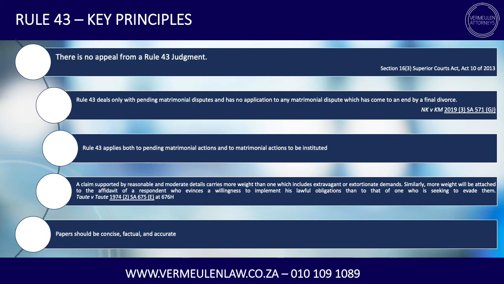Then there's a very important principle. It's an old principle, but I did feel it worth mentioning today. In tort versus tort, a claim supported by reasonable and moderate details carries more weight than one with extravagant or extortionate demands. Similarly, more weight will be attached to the affidavit of a respondent who evinces a willingness to comply with their legal obligations rather than to evade them.